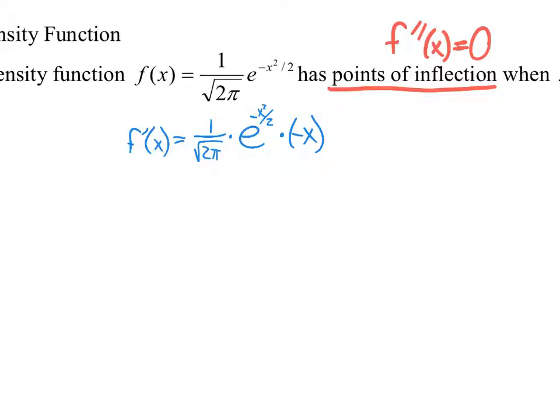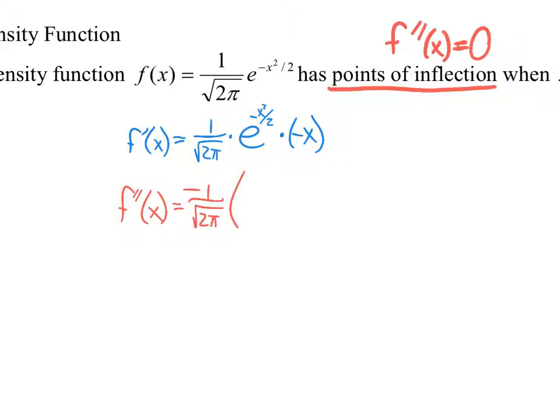How are we going to find the second derivative? Taking the derivative of that derivative. So we've got that constant. I'm going to leave that hanging out in front here. How do I find the derivative of e to the negative x squared over 2 times negative x? Product rule. And you know what? I'm going to pull that negative out in front here too, so it's just e to the negative x squared over 2 times x. Then we don't have to mess around with the negative there.